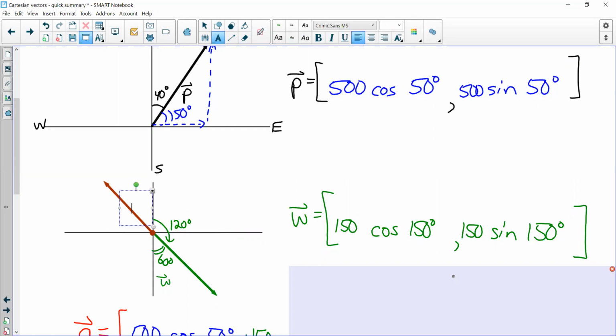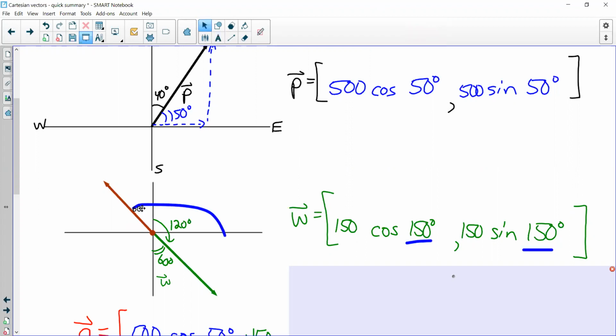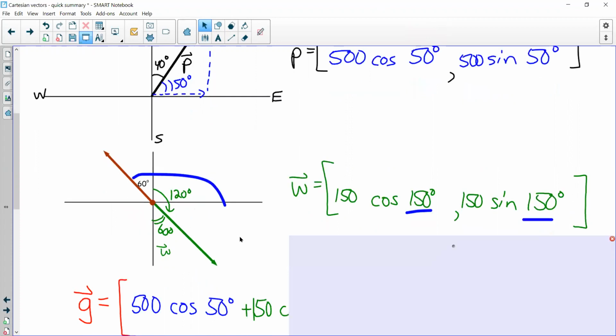So that would be 60 degrees up there. All right, and that leaves us with a measurement that we need to calculate from here to here. So again, a 90 plus a 60 is the 150.